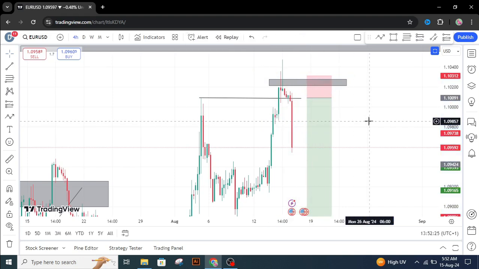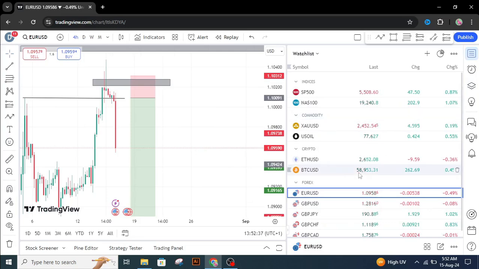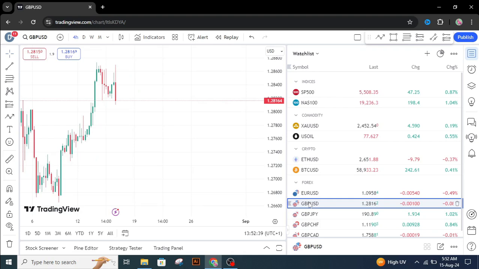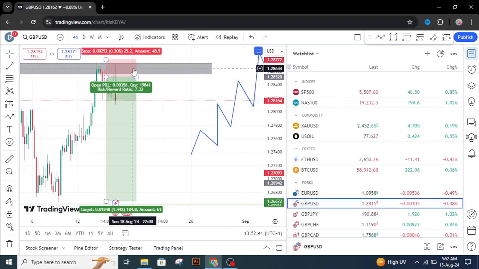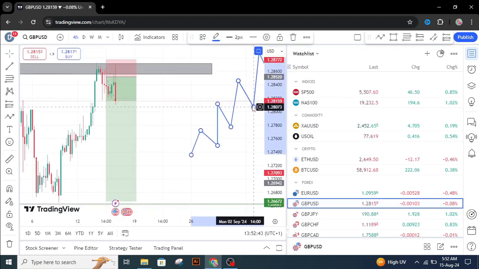Anyways, that's it. I do not like entering two similar pairs together. So I either take Euro USD or take GBP USD. But since I am the type of person that loves trading price action patterns, and I saw my double tops clearly here, I decided to take this one instead of that.